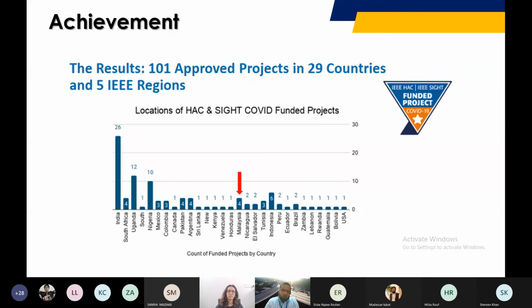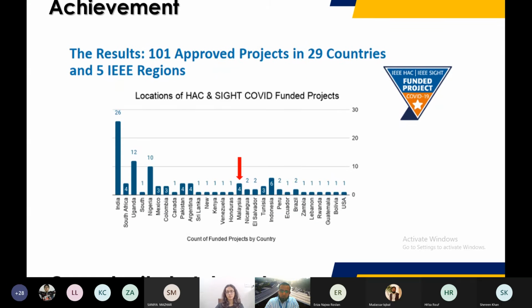It's an immense pleasure for me that in entire Malaysia, when this particular project opened, only 4 projects got acceptance, and there were 101 approved projects in 29 countries and 5 IEEE regions. I'm really thankful to Allah Almighty, ever compassionate and merciful, that I was the one with my team who got this grant.